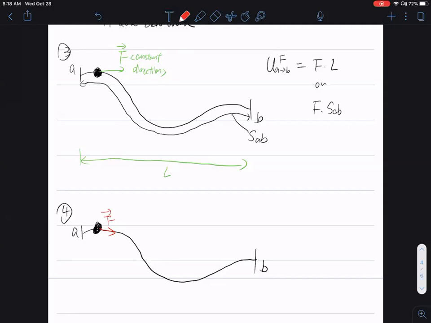So in case 4, the direction of the force is constantly changing to follow the path. Let's call this force 2. Let's call this force 1. The work from A to B by this force F2: should that be F times L, or F2 times L, or F2 times SAB?